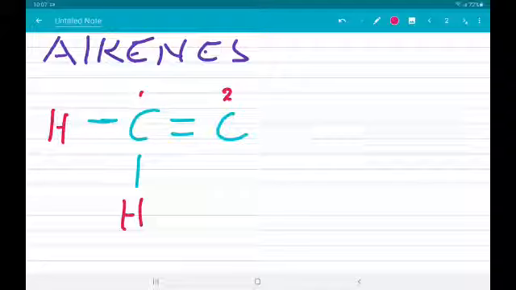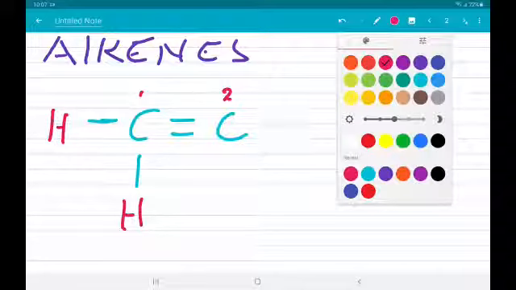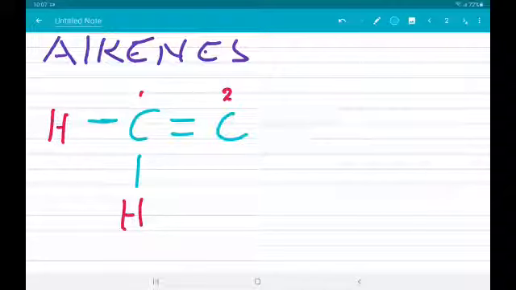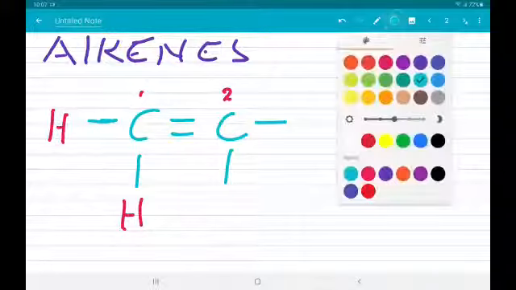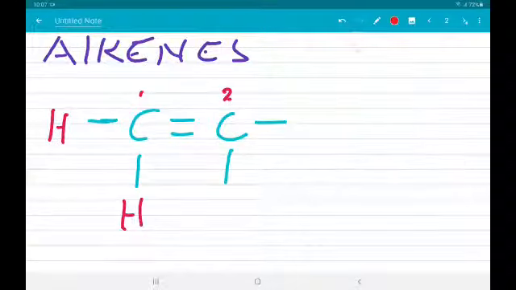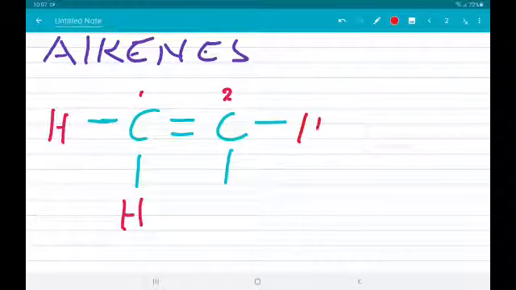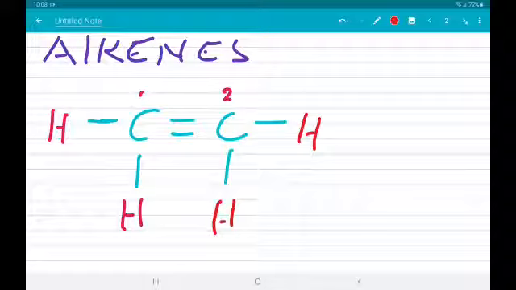Then coming to the second carbon, it is also satisfied with only 2 electrons. How many more does it contain? 2 more. So let us represent it with the line. This line you can draw either up or below, no problem, children. If this is also bonded to hydrogen, then it would be like this.